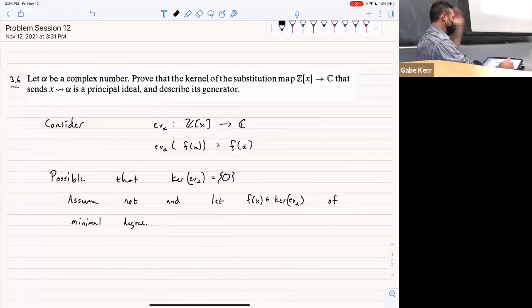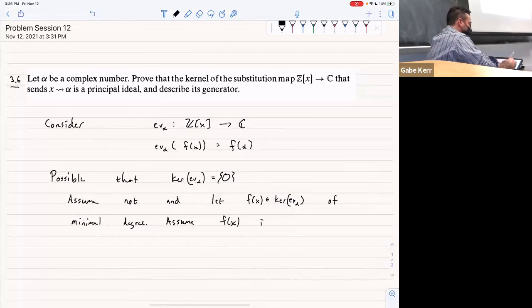I want to say that f of x is also primitive. Let's also assume primitive. You can look in the book, but I'll tell you what it is.